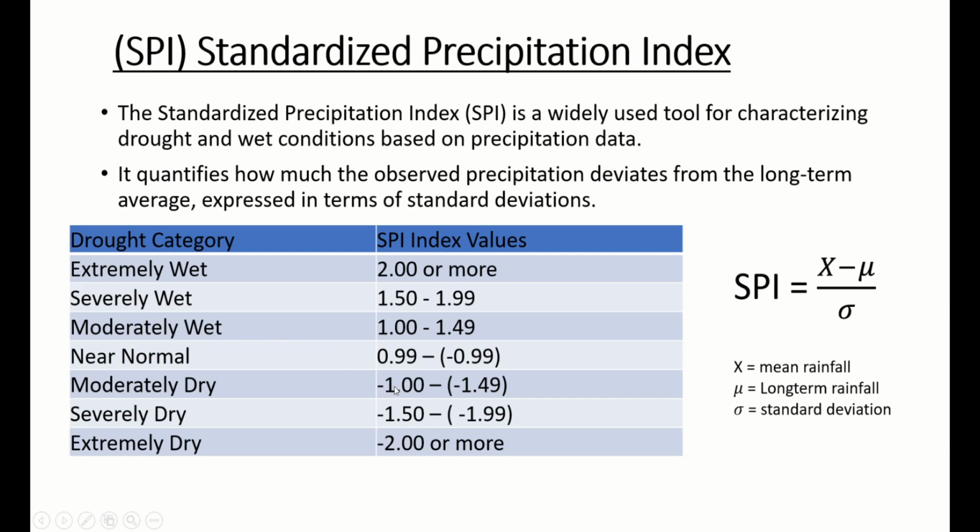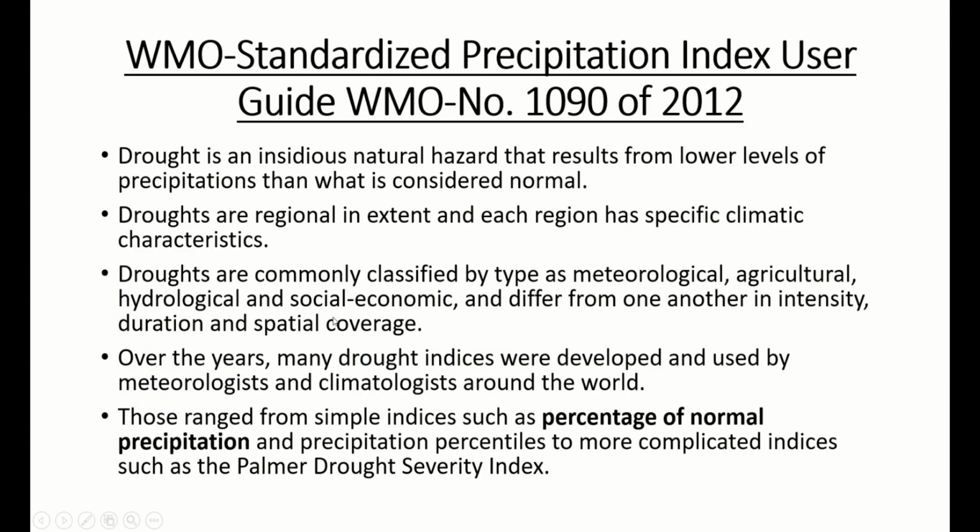If it's in the negative, minus 1 to minus 1.49, you classify that as a moderately dry year. For severe drought, you're talking minus 1.5 to minus 1.99. And anything beyond minus 2 would be an extreme drought. The opposite is true for wet years.